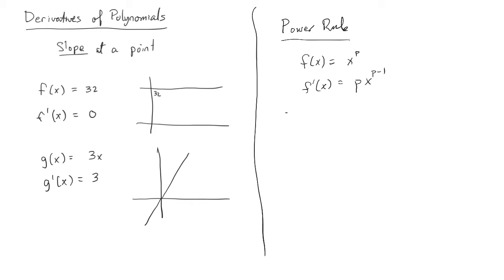So as an example real quick, let's consider that our function f of x was equal to x to the 4th power. Then the derivative would simply be 4, the power, times x now raised to the 3rd power, 1 less than the power before.